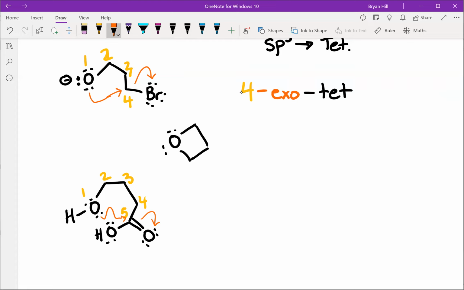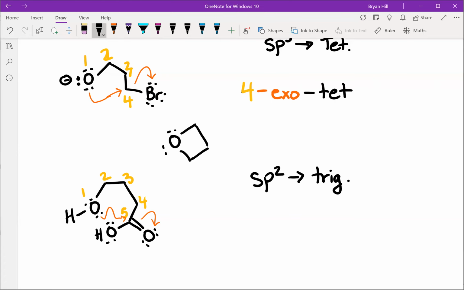So carbon 5 is sp2. Yeah, sp2. And so all sp2 carbons are classified for whatever reason as trig. Oh, I know why.